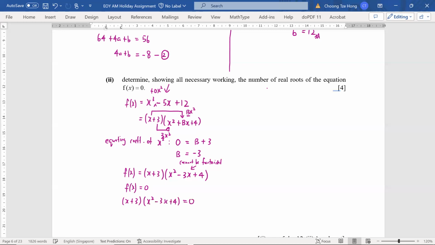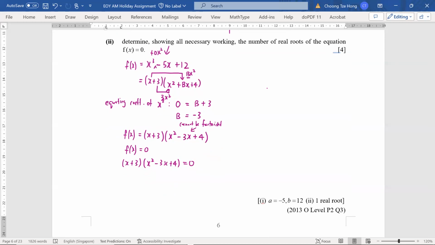If x plus 3 times x squared minus 3x plus 4 is equal to 0, it means that either x plus 3 equals 0, and this will give us x equals -3, so we have at least one real root already, or x squared minus 3x plus 4 equals 0. Now we just need to see whether this one has any real roots or not. Over here we have a quadratic equation.